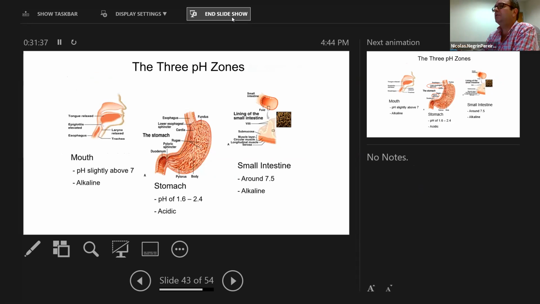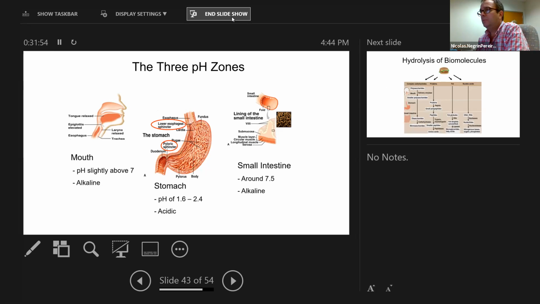So we can distinguish three main pH zones in the digestive tract of monogastrics. We start with the mouth with a pH slightly above 7, close to alkaline condition, we can say. That is good for the activity of amylase, for example. And when we move towards the stomach, we have a pH between 1.6 and 2.4, which is very acidic.